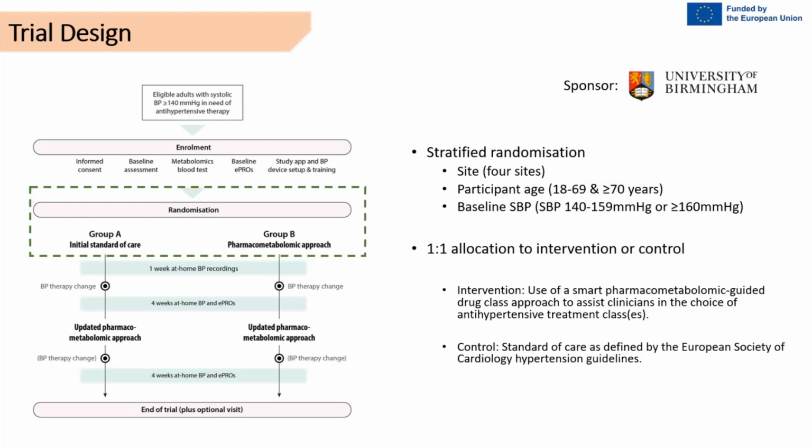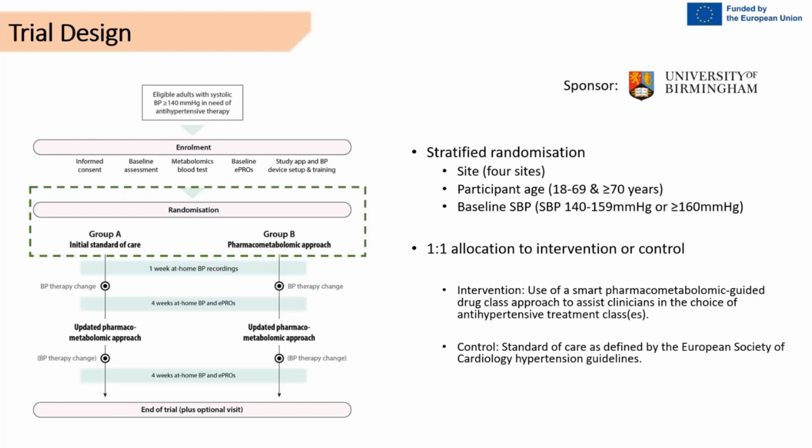So following written consent, participants are randomized in a 1-to-1 ratio to either standard of care or the use of this pharmacometabolic approach to treatment, with clinician-decided treatment selection. Randomization is stratified by site, participant's age, and their baseline office blood pressure.